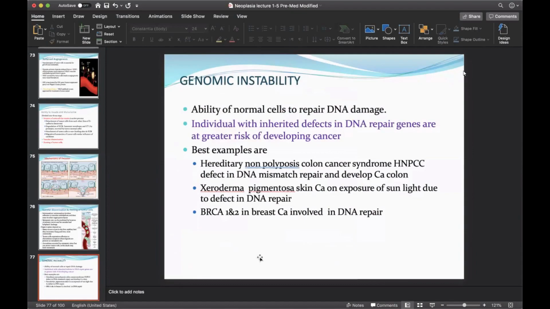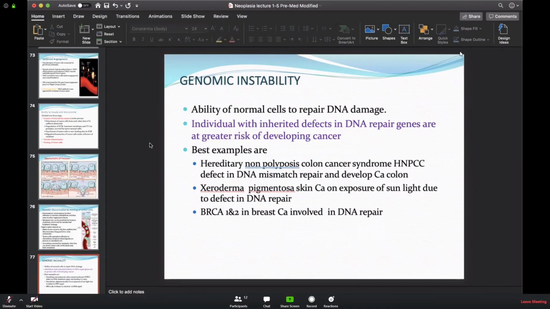Next comes genomic instability. When our cells are surviving in our bodies, they undergo continuous events, and these events lead to accumulation of mutations.